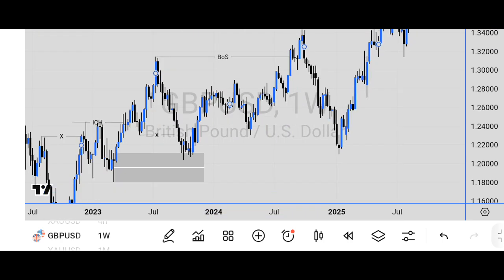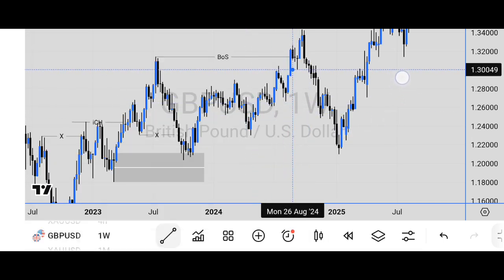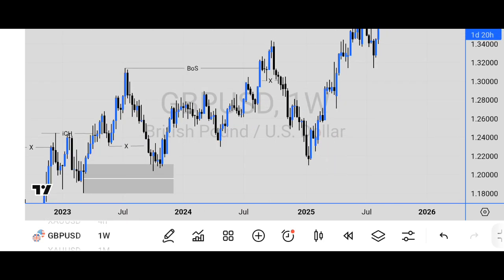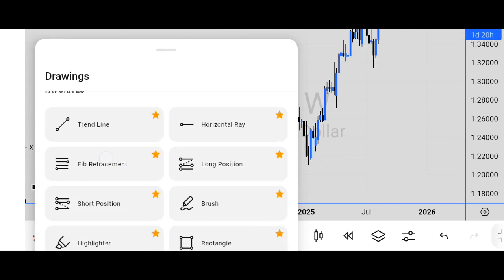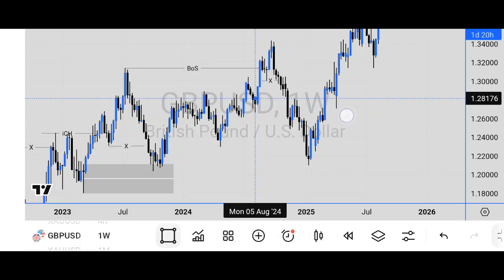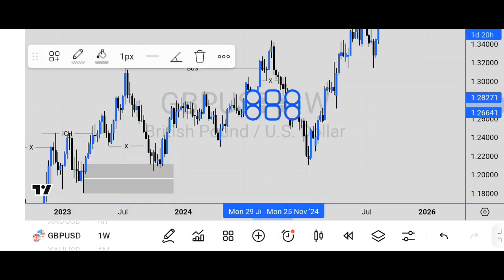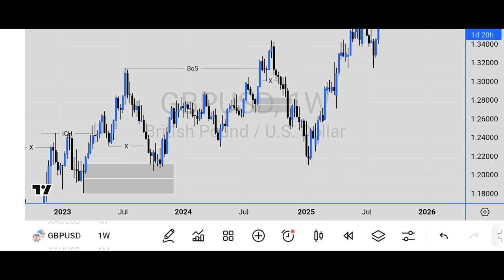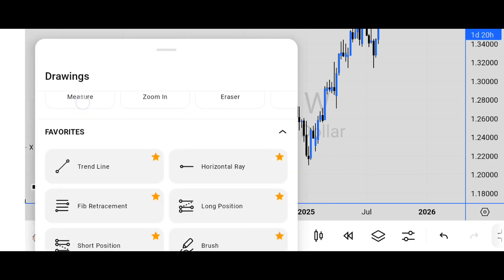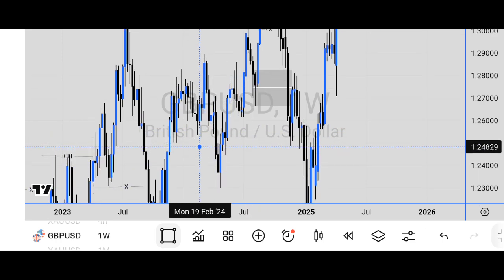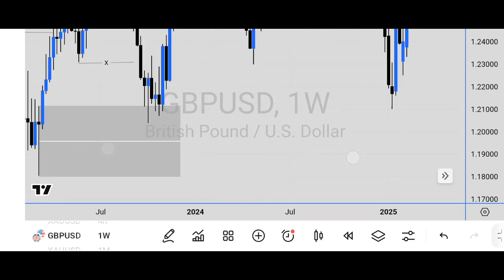Then we have our inducement sitting right here, and we have multiple POIs here. We have one here, and this one failed to react from the market. The only POI we have here now is this unmitigated weak.